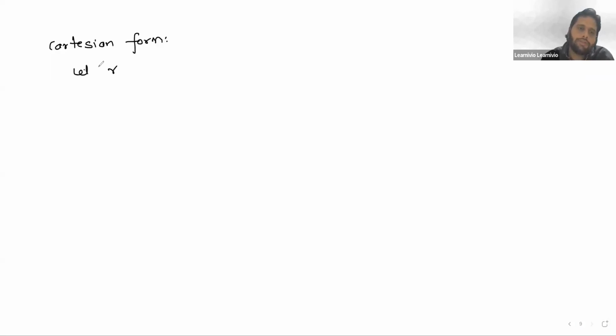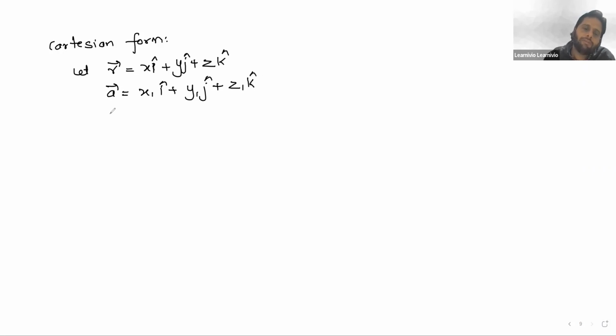Again, let r is equal to x i cap plus y j cap plus z k cap. Now we have two points. A we will take as x1 i cap plus y1 j cap plus z1 k cap. B we will take as x2 i cap plus y2 j cap plus z2 k cap.